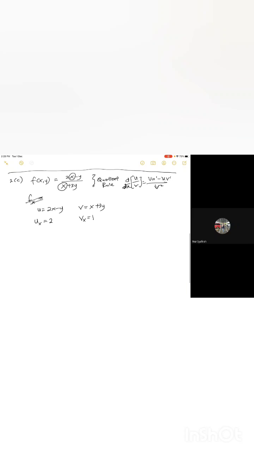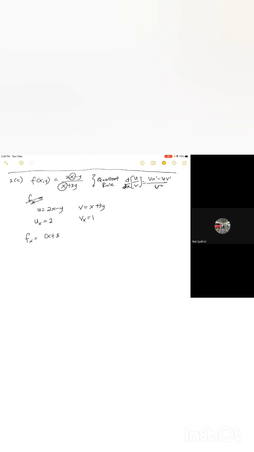Itu saja untuk partial derivative actually. Okay, if you can put in your minds that whenever you want to differentiate one variable, all the other variables will be treated as constant, then you won't have problem in doing this partial derivative. Therefore, my fx will be (v u prime minus u v prime) over v squared. V prime means the differentiation.